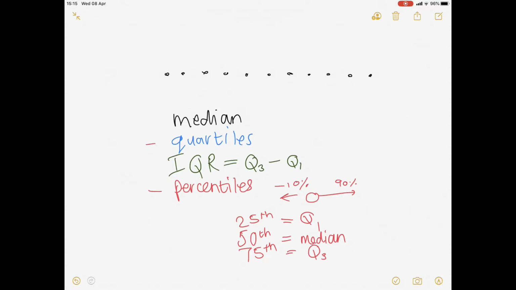Just to give you a real-world application, I'm not sure if you've heard of a group in America known as We the 99. And now what this represents is the 99th percentile in the US in terms of population. So what is that saying?